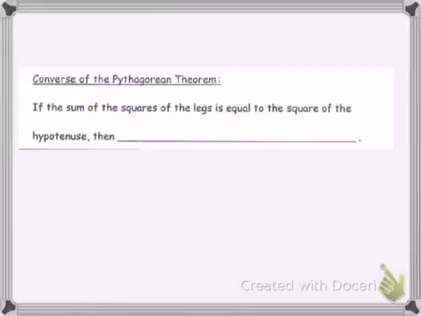We can use the Pythagorean theorem for more than just finding the length of a missing side. We can also use the converse of the Pythagorean theorem, which basically just says if the sum of the squares of the legs is equal to the square of the hypotenuse, then the triangle is a right triangle.